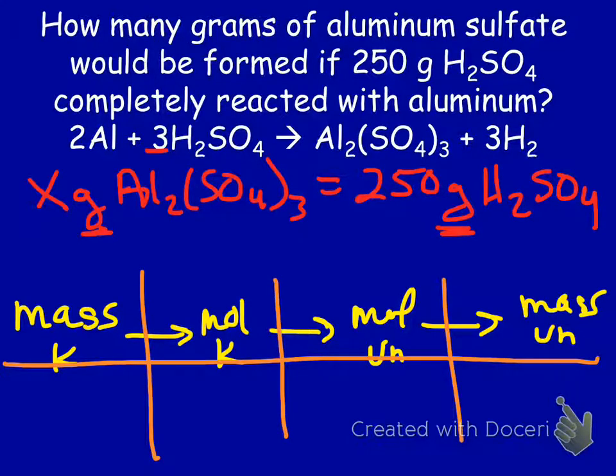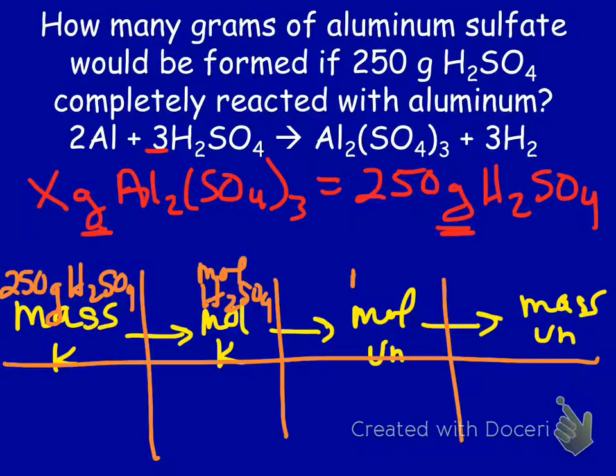So the mass of my known is 250 grams of H2SO4. Moles of known would be moles of H2SO4. Moles of unknown is moles of Al2(SO4)3, and mass of unknown would be grams of Al2(SO4)3.